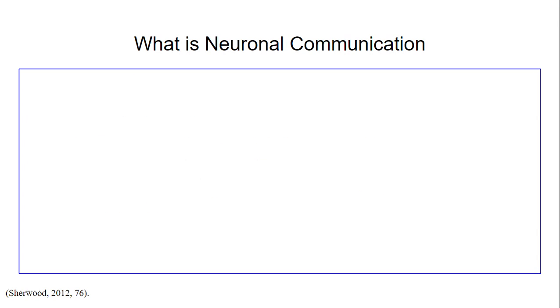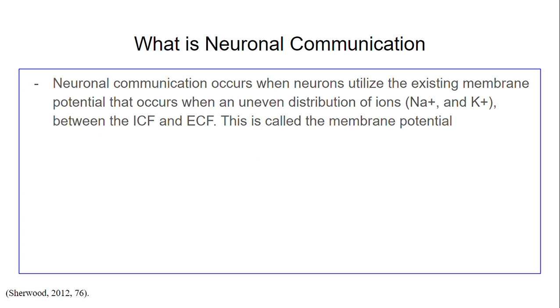So what is neuronal communication? Neuronal communication is when neurons utilize the existing membrane potential that occurs with an uneven distribution of sodium and potassium ions in the intracellular fluid and the extracellular fluid.